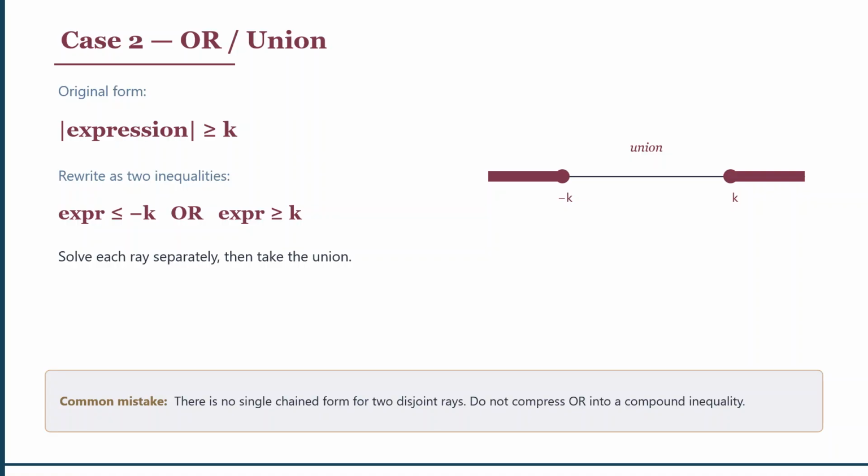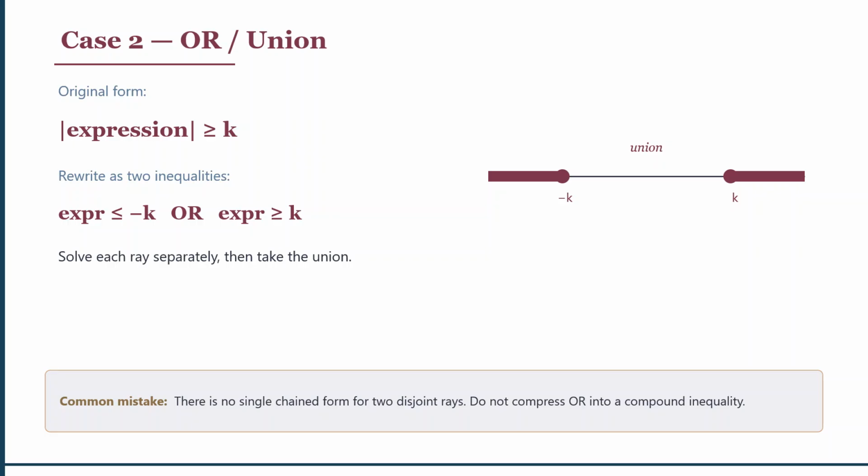Case 2. The absolute value of an expression is greater than or equal to k. This means the expression is at least k units away from 0 in some direction. So either the expression is less than or equal to negative k, or the expression is greater than or equal to k. Rewrite as two separate inequalities joined by OR. The expression is less than or equal to negative k, or the expression is greater than or equal to k.